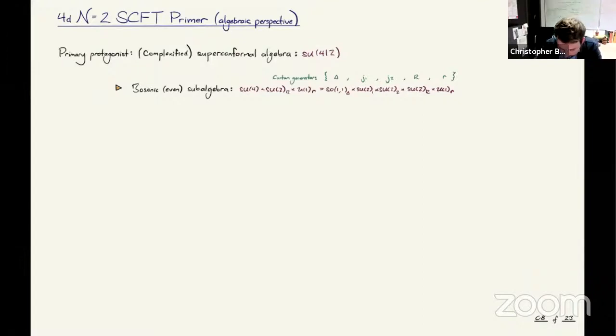The bosonic subalgebra of this looks like SU(2,2) times SU(2) times U(1), which contains the subalgebra that we usually think about in physics: dilatations, and spin in 4 dimensions, which is SU(2)_1 times SU(2)_2, and then the R-symmetries, SU(2)_R and U(1)_r.